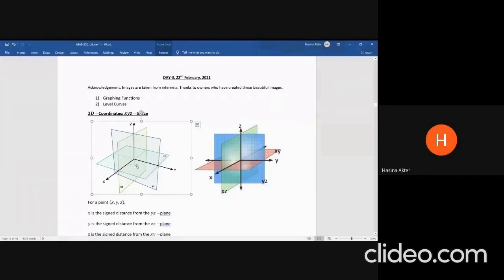Now how many corners do we have at the intersection? 4 above the XY plane, other 4 below the XY plane, right? So total 8 corners, right?